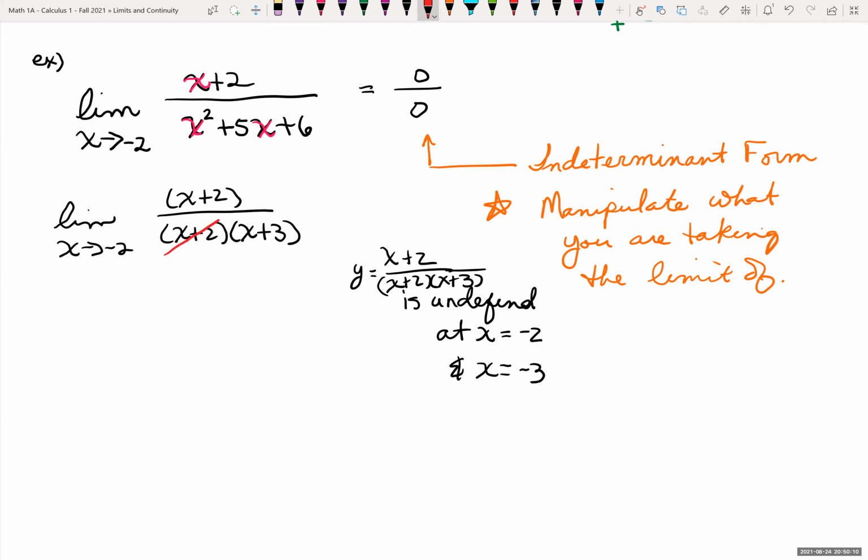But we can look at the simpler form, as long as we put on the stipulation that it's undefined there.